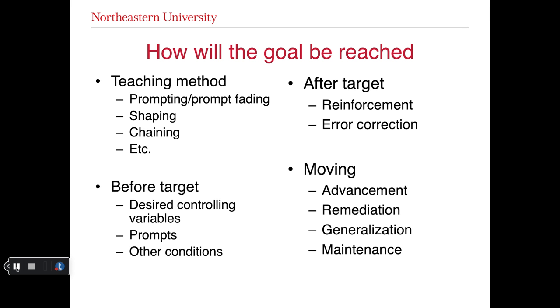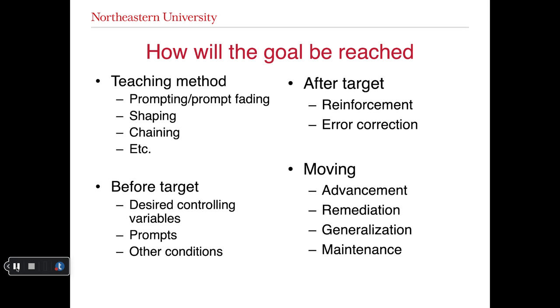Lastly, you want to consider moving, which is an interesting word to describe. But what this group of considerations is really about is how you will change levels or steps or any piece of the plan itself.